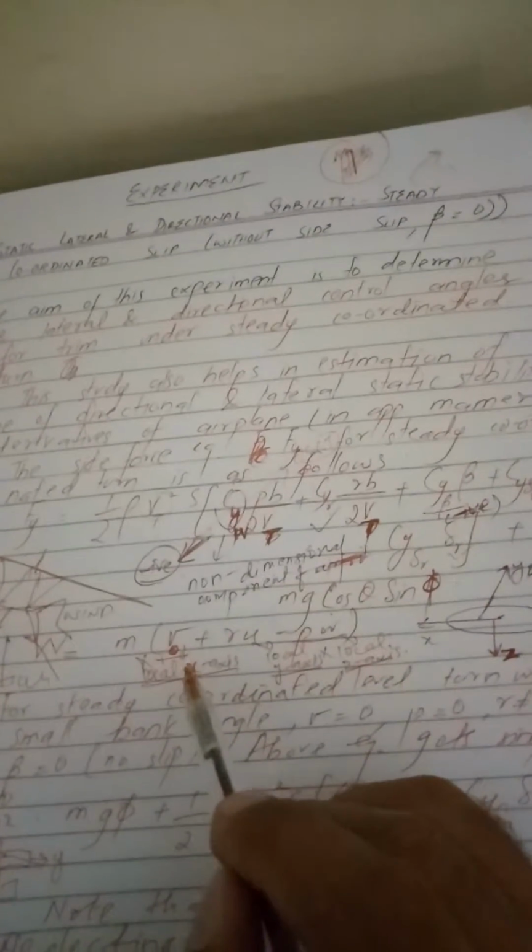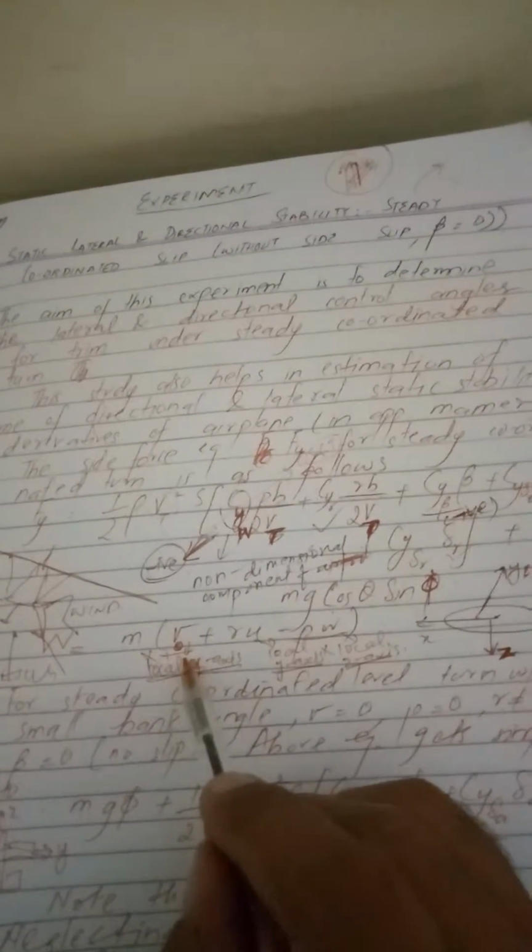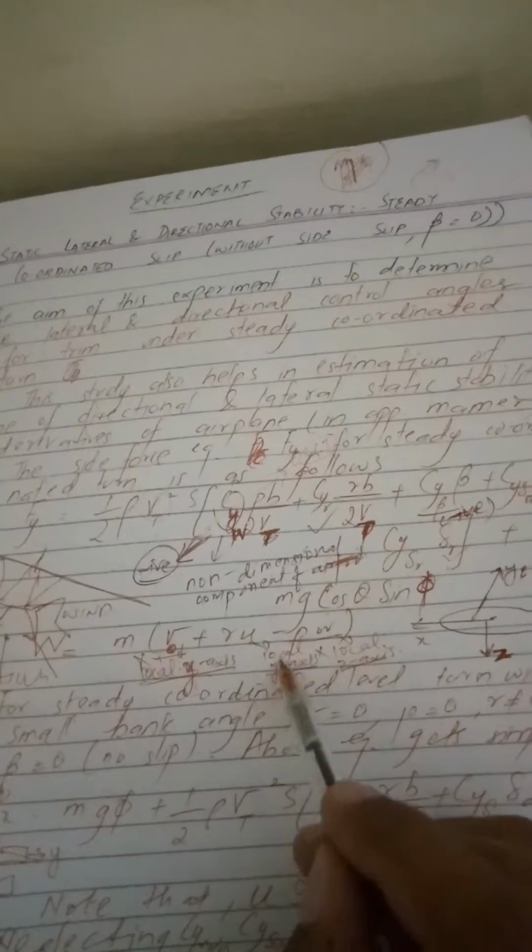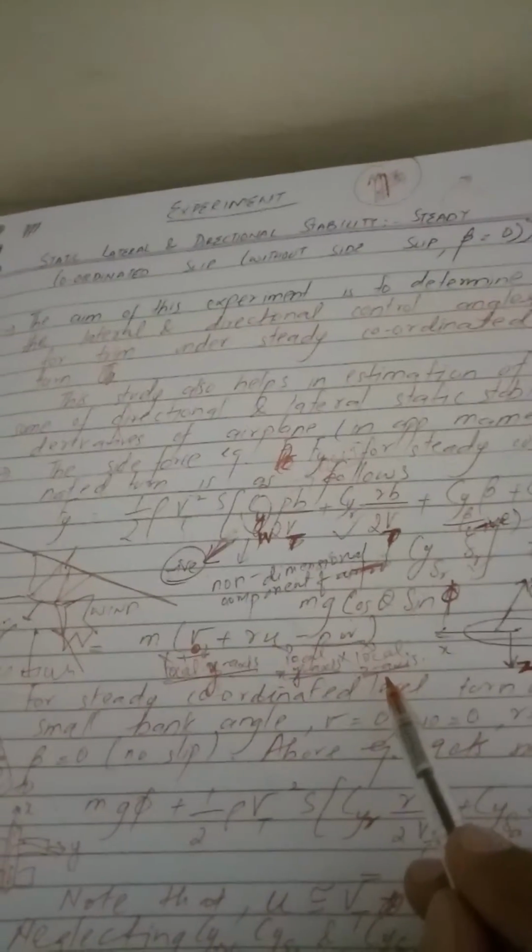of total Vt, because that V, or V naught, is at the local y-axis, and that component is of Vt, and that U is the local x-axis component of this Vt, and Pw is the local z-axis component for this Vt, which is the total velocity because of the turn.